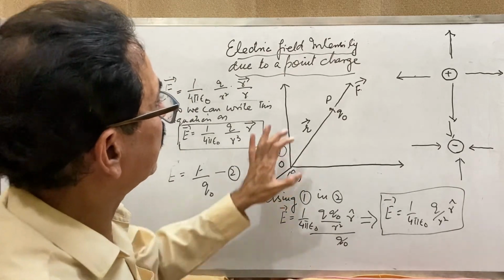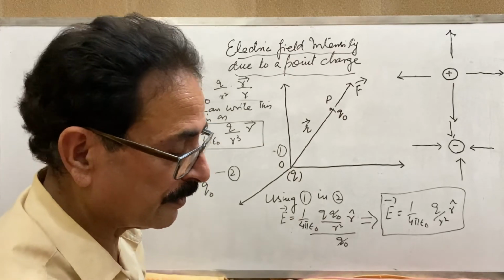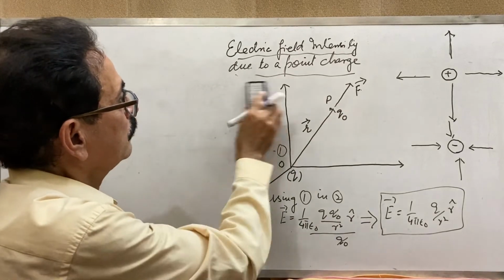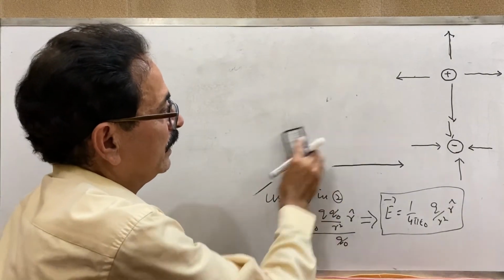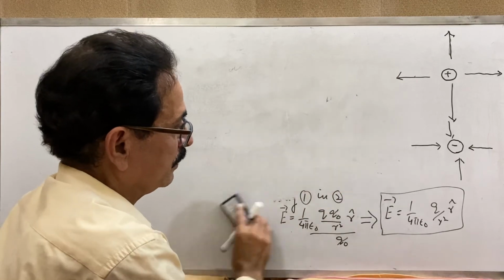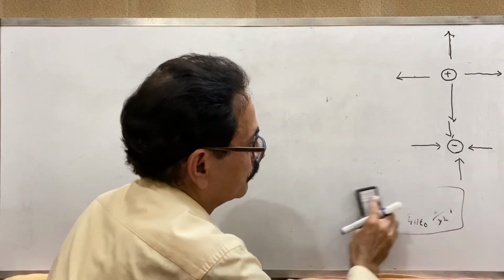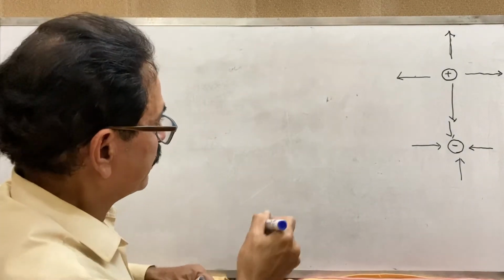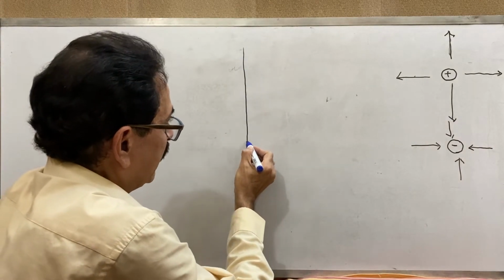This electric field intensity, we can discuss it in terms of position vector also. Now, electric field intensity in terms of position vector. Suppose we take here a frame of reference again.